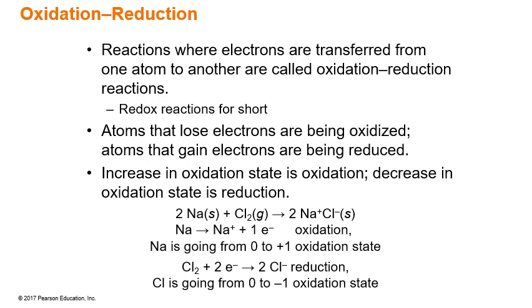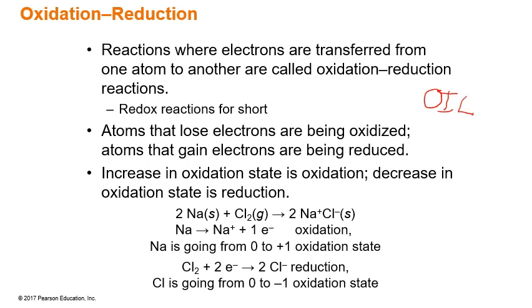We need to remember our oxidation-reduction reactions. So remember that when we transfer those electrons, that's when we have redox reactions happening. And atoms that lose electrons are being oxidized. Atoms that gain electrons are being reduced. And we have mnemonic devices that we can use.